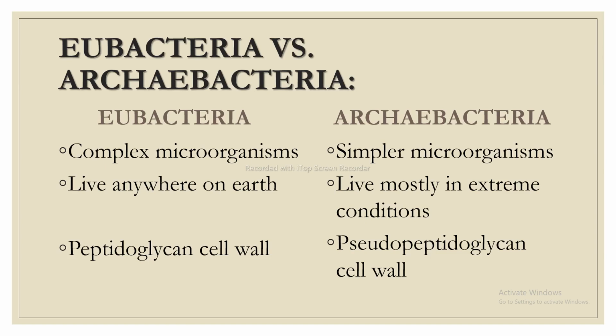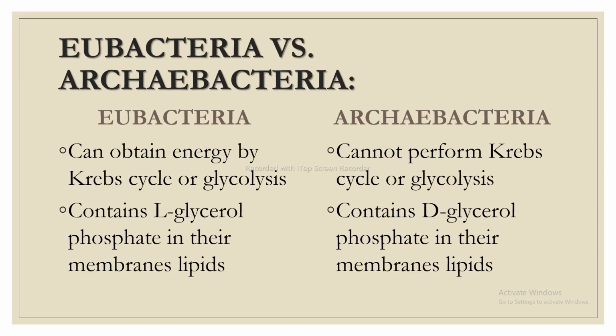Eubacteria have a peptidoglycan cell wall, but Archaebacteria have a pseudopeptidoglycan cell wall. Eubacteria can obtain energy by the Krebs cycle or glycolysis, and Archaebacteria cannot perform the Krebs cycle or glycolysis. Eubacteria contain L-glycerol phosphate in their membrane lipids, and Archaebacteria contain D-glycerol phosphate in their membrane lipids.